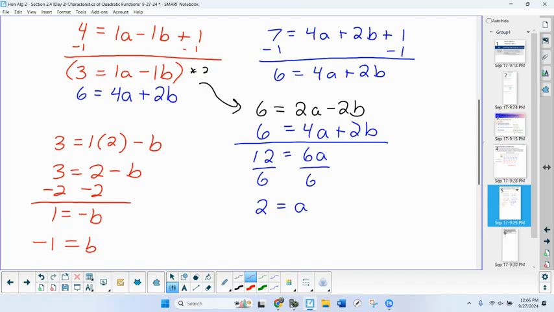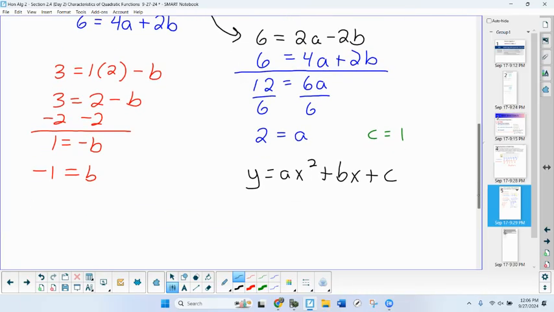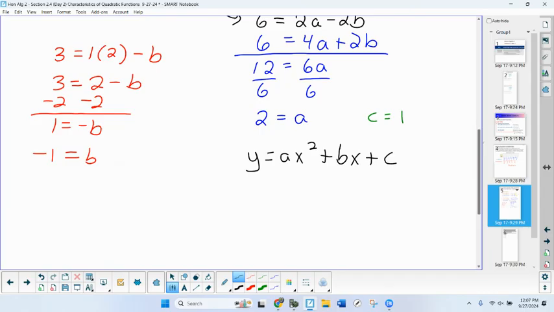Don't forget at the very beginning we had C was equal to 1. So you go into y equals ax squared plus bx plus c, and you plug in a, b, and c. Because remember, when you're done, you're always going to have the equation with the independent and dependent variables x and y there for us.